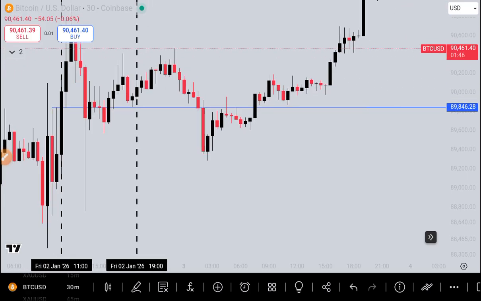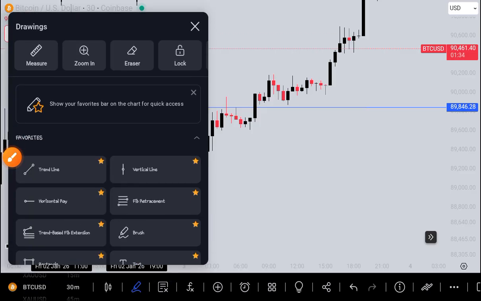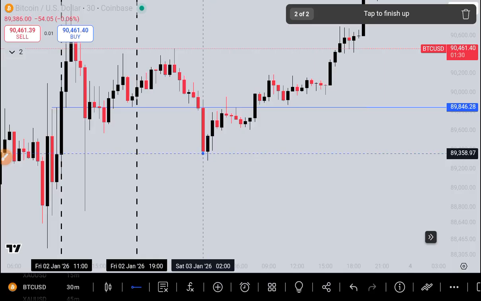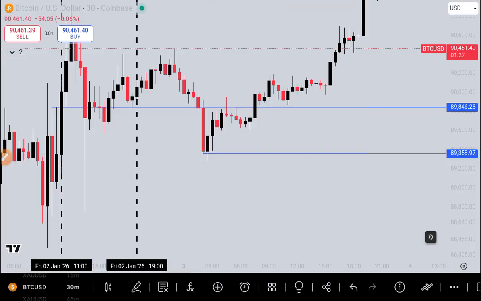Now, with the 30 minutes time frame, you can see a CRT model form properly around here. I'm just going to mark it and show you this is exactly what I did. CRT model.